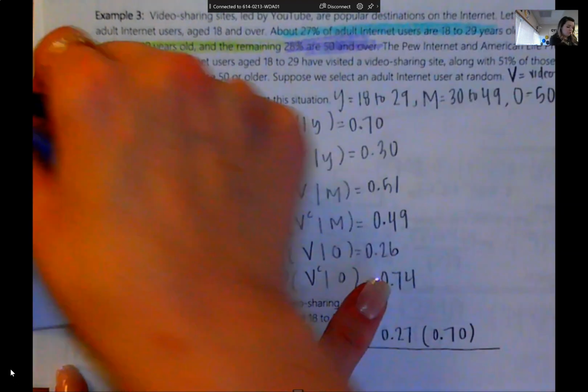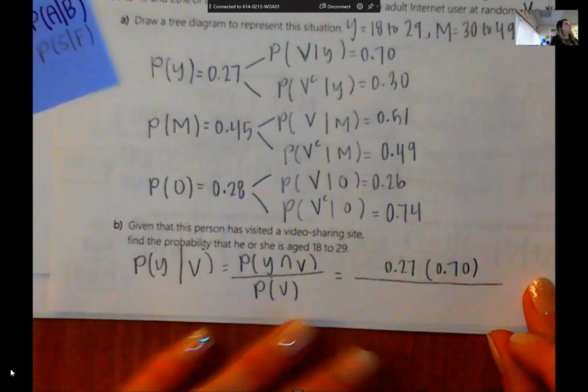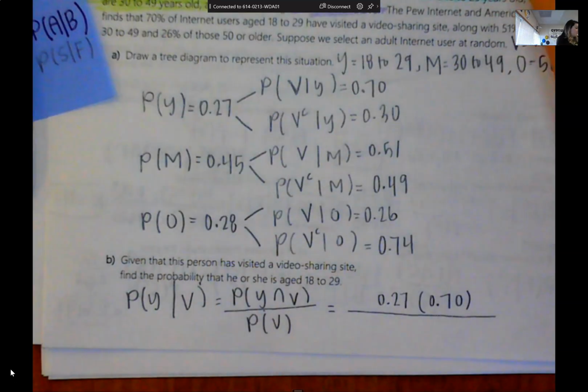Okay, so in the top, you have 0.27 times 0.07. But in the bottom, you need P of V. And to find P of V, you have to pull all of the intersections that include V. So that would be this branch, and this branch.